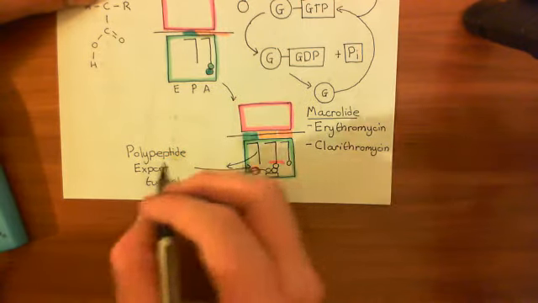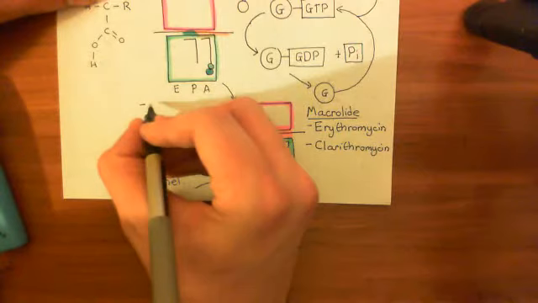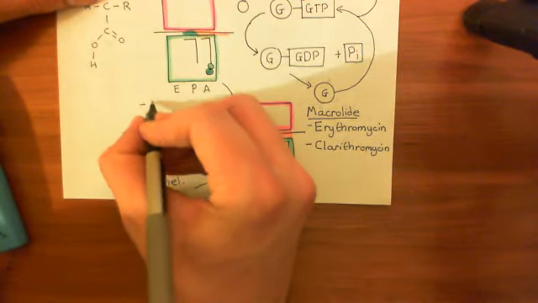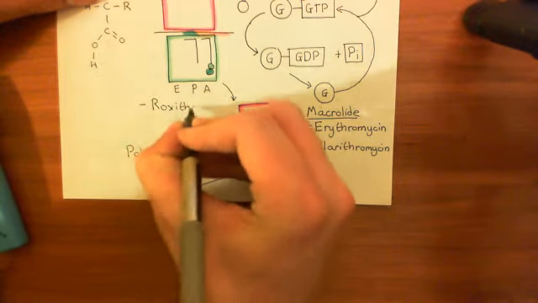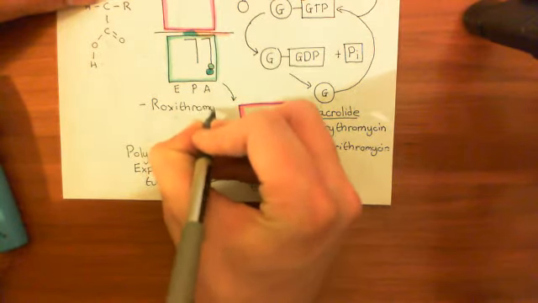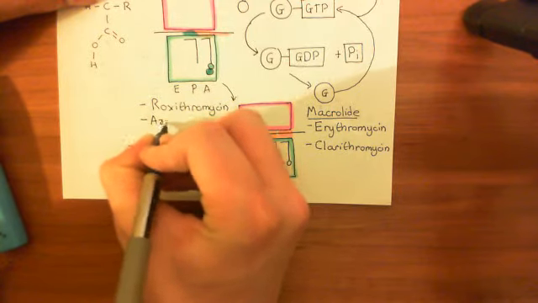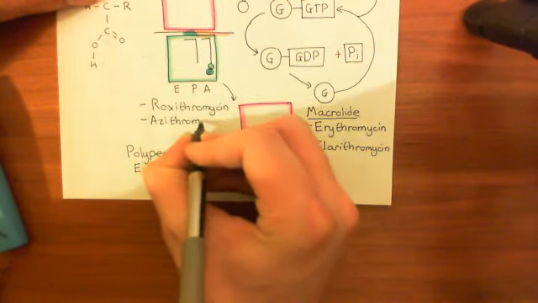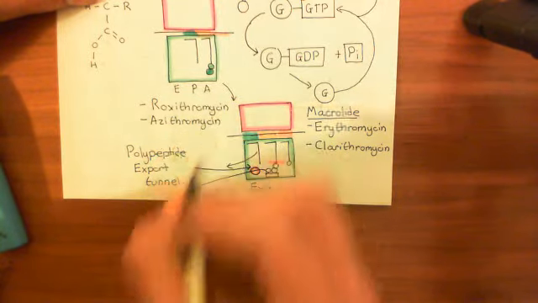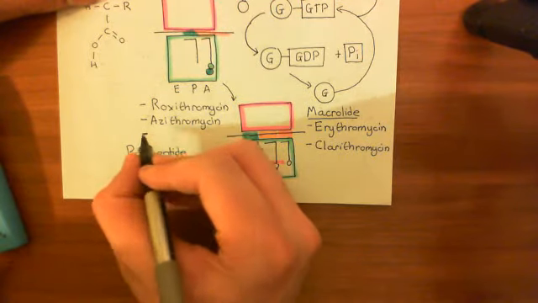Then we get to more rarely prescribed ones. Another one is roxithromycin. Then azithromycin is another example. These are extended spectrum macrolide antibiotics. And now we're really getting more dangerous.